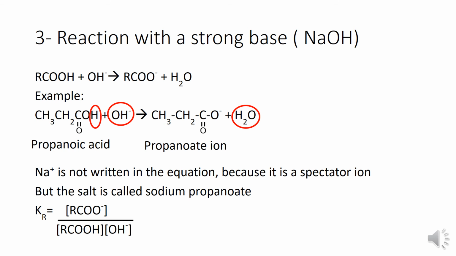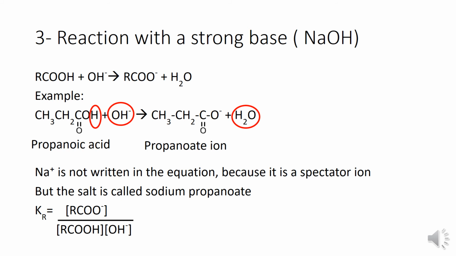Now, what about the Na+? Na+ is not written in the equation because it is a spectator ion, but the salt is named sodium propanoate. And pay attention here: if we ask you to calculate the mass of the salt produced or formed, you have to calculate the molar mass of the sodium with the propanoate ion.